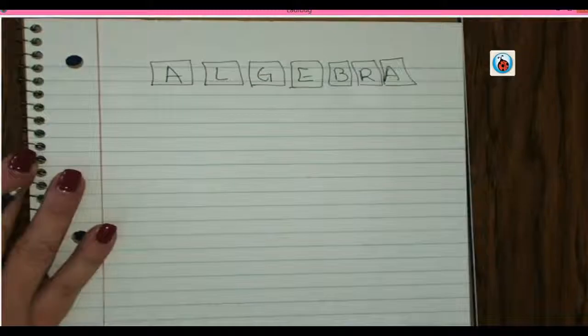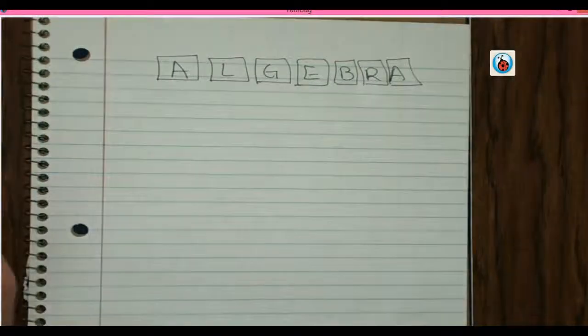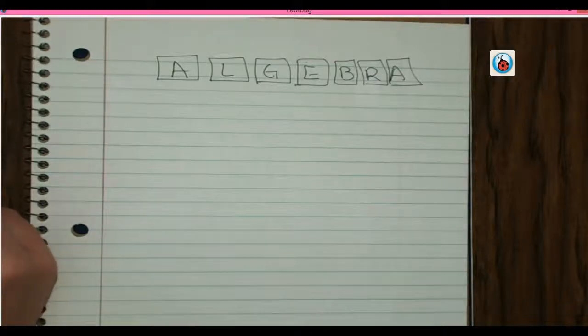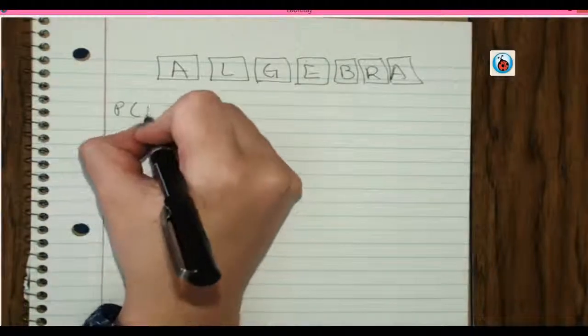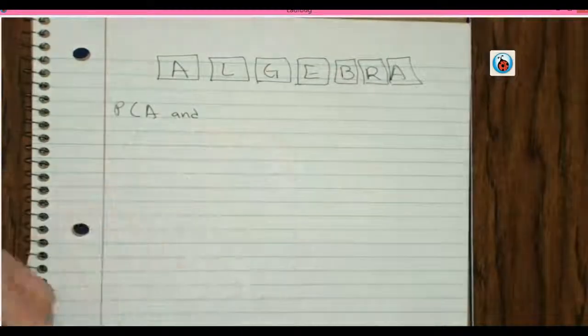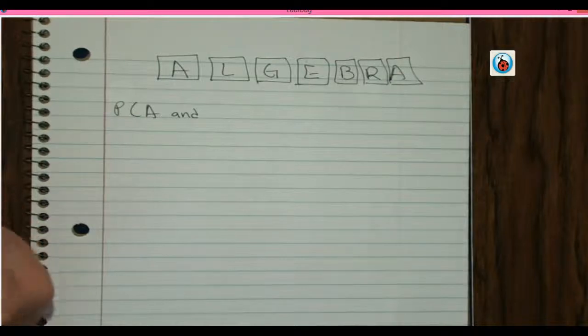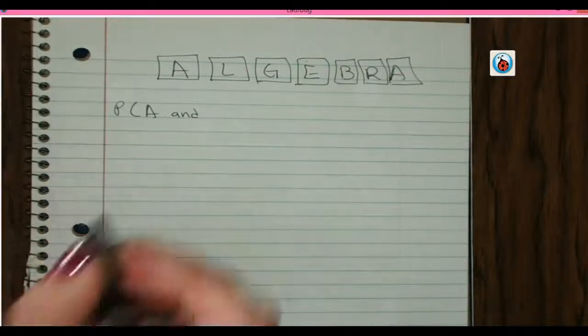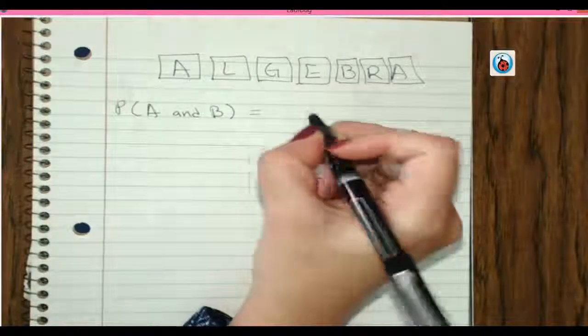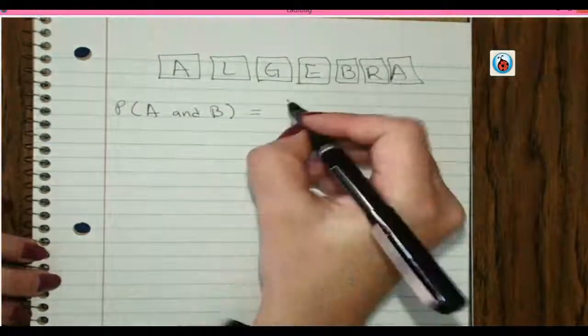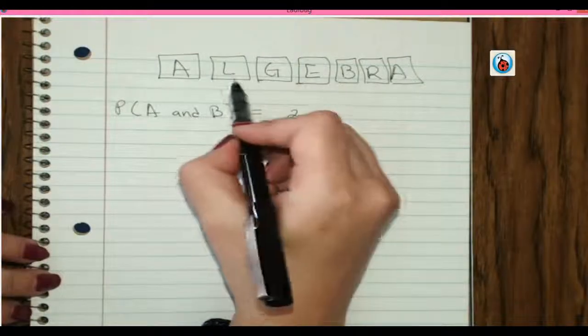If we pretend we have these cards in a little baggie, and I say, what is the probability of a letter A, replacing, keyword, replacing. So I pick one, I look at my card, I replace my card, and then picking a B. So how many A's? 2. So 2 out of how many letters? 7.